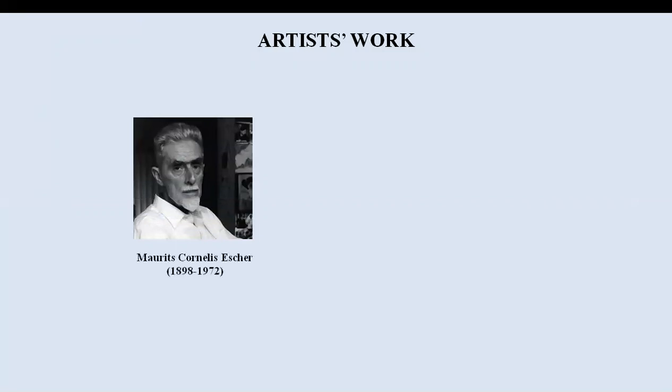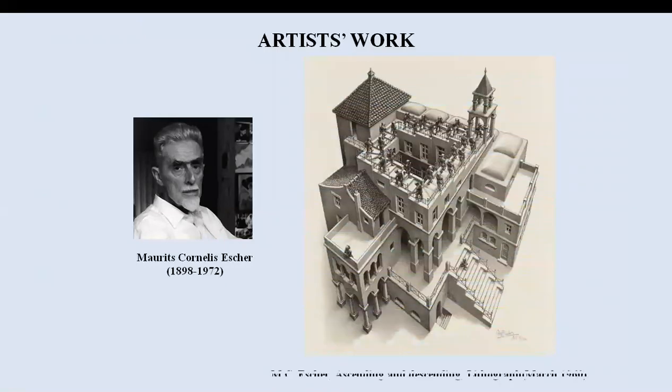Maurits Cornelis Escher, a very famous Dutch graphic artist, is known for his perspective pictures and geometric lithographs. He played with architecture, perspective, and impossible spaces through his excellent woodcuts, lithographs, and mezzotints.